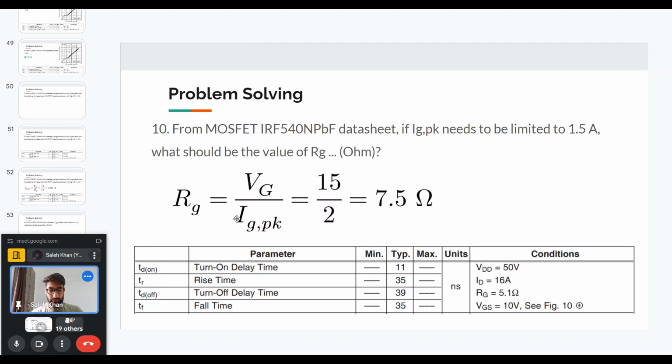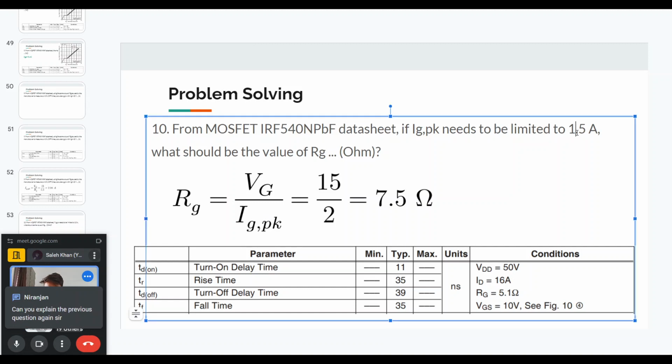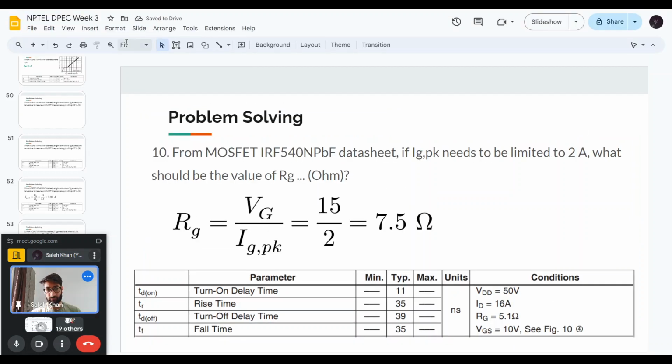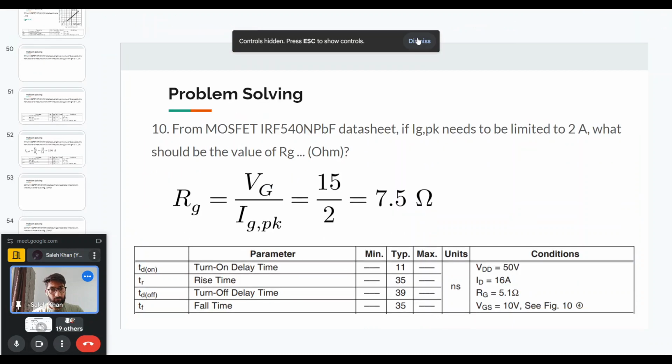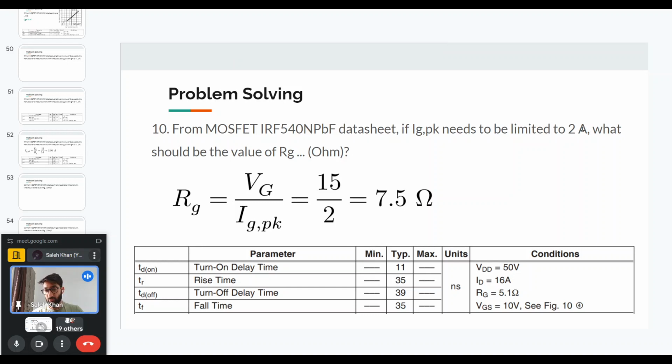The question actually says 1.5 amperes, but here it should be 2 amperes, so let me just change it. So the IG peak has to be limited to 2 amperes from 2.9. Now we have to find the value of Rg. So the Rg comes out to be 7.5 ohm.